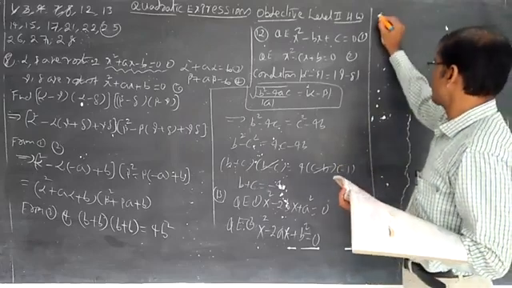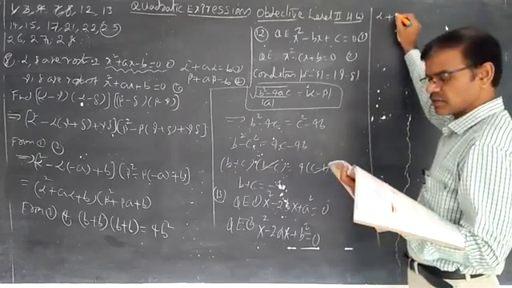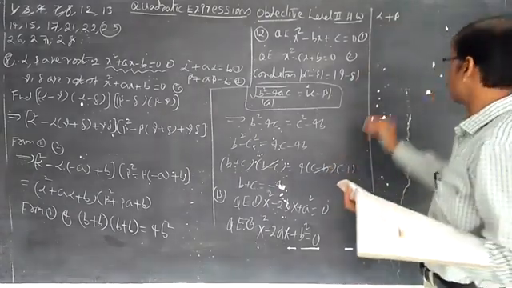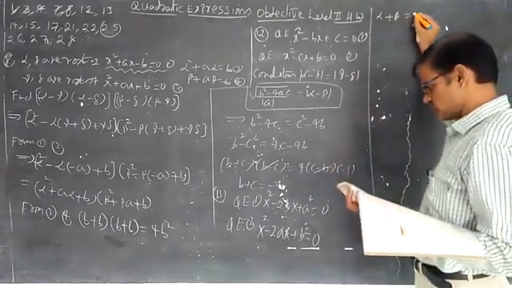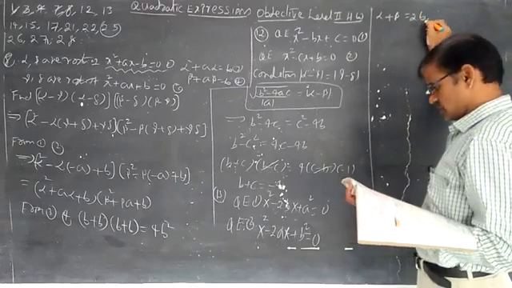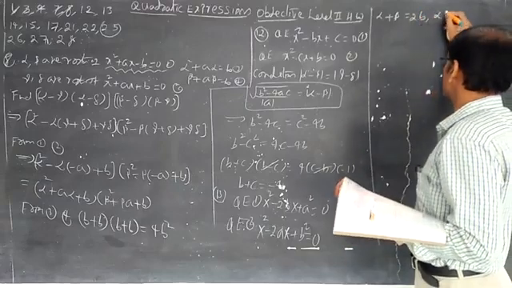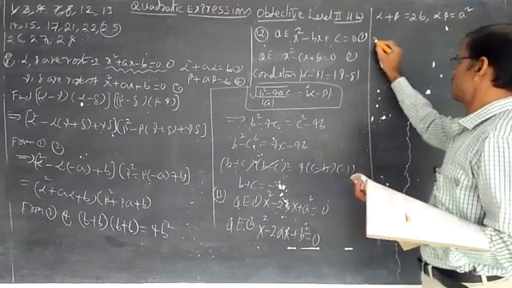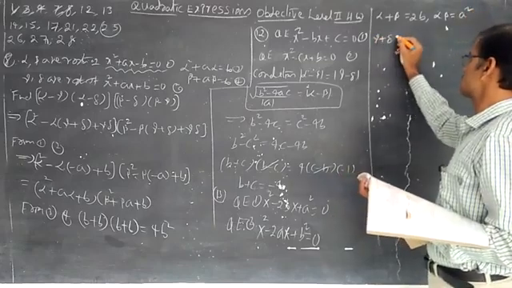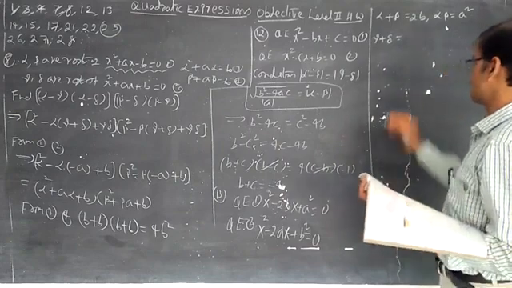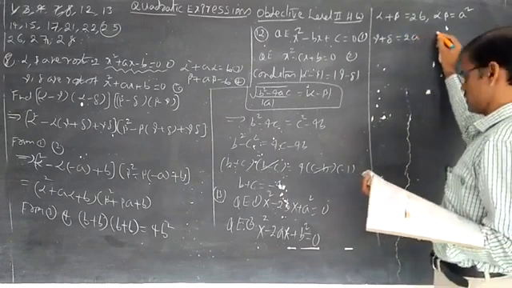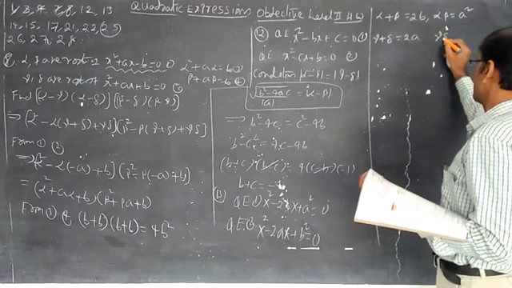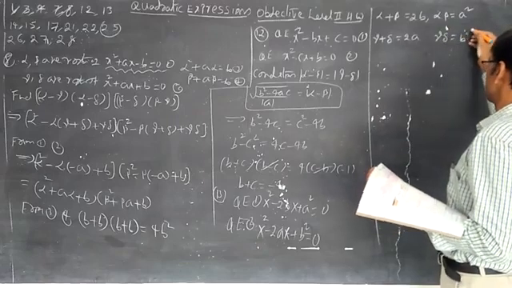First of all, alpha plus beta, the sum of roots, is equal to 2b. Next, alpha beta, the product of roots, is equal to a square. Next, let us write gamma plus delta is equal to 2a, and gamma delta is equal to b square.